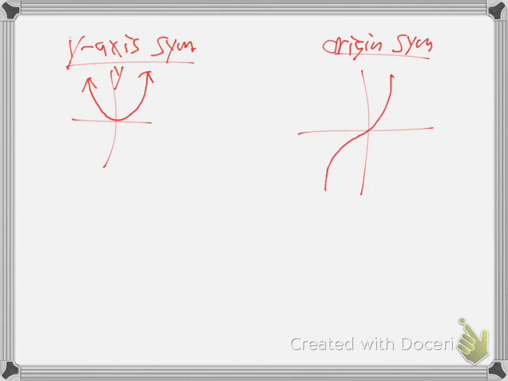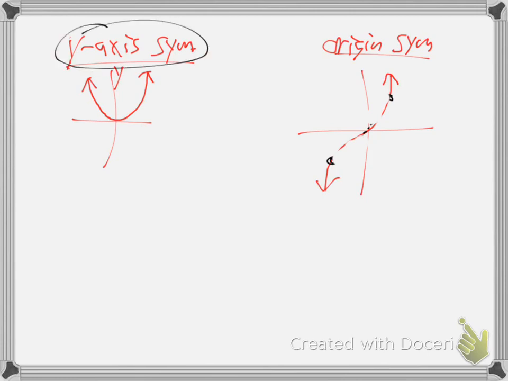Here, I'll do a different one. Instead of our sine graph, we'll do that one. So that one has origin symmetry because if you turned it upside down, it would look the same. Or all the points reflect, like any dot reflected through the origin, same distance, would be on the other side. Anyway, we talked about that. That's not new. Anyway, they're going to give new names to these now.